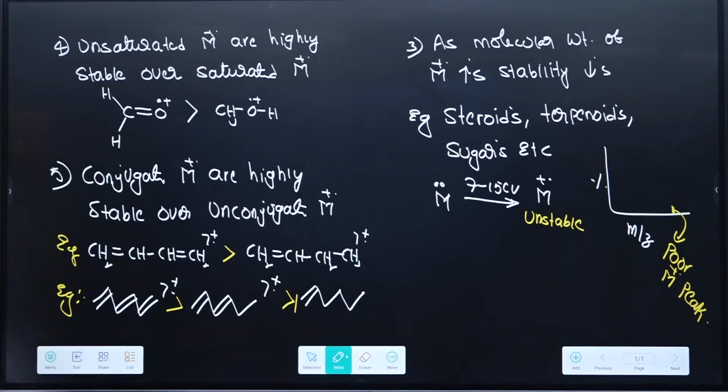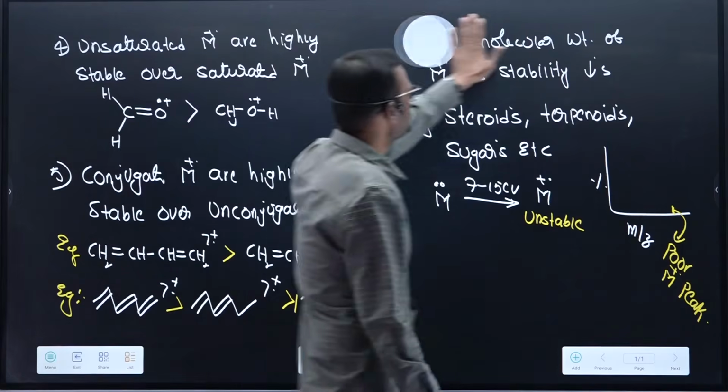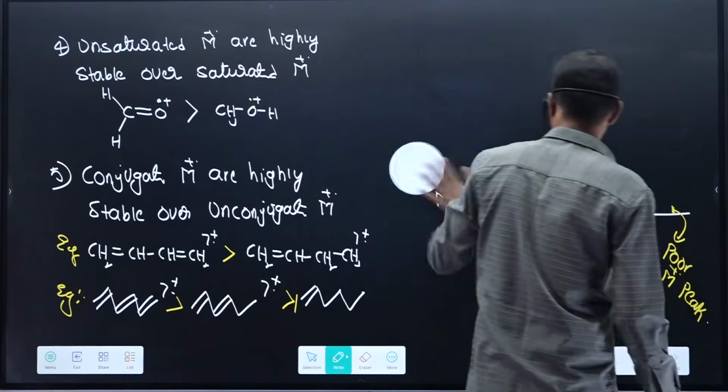Conjugated molecular ions have very high stability.